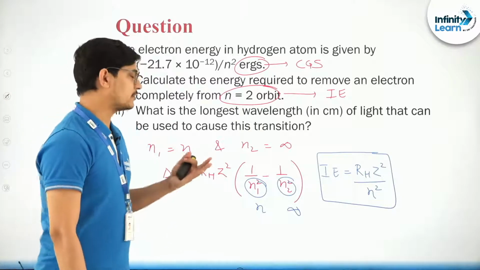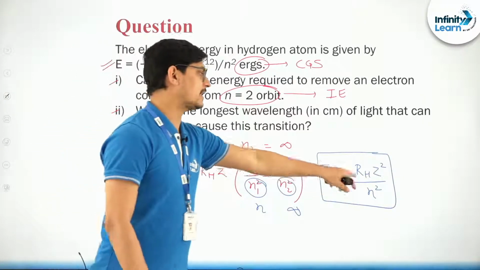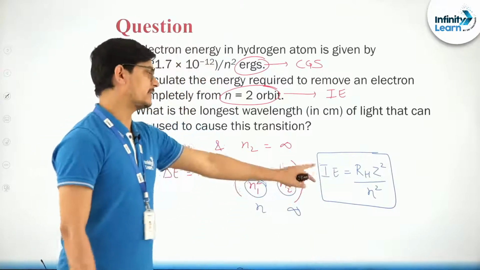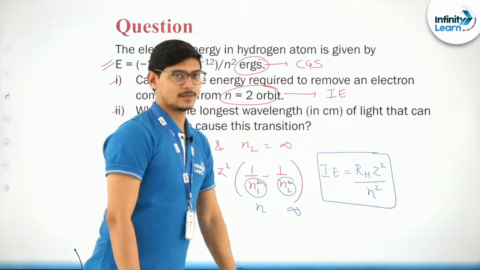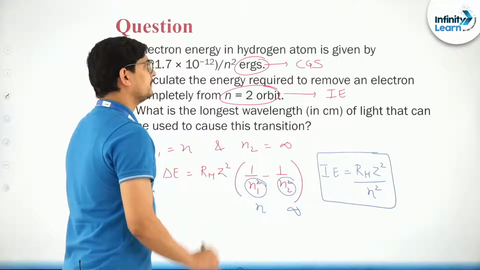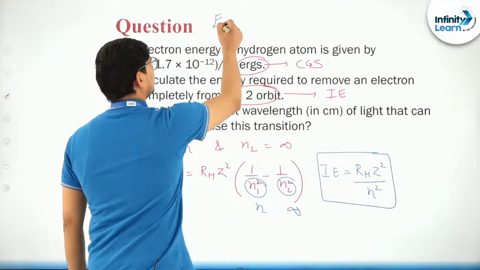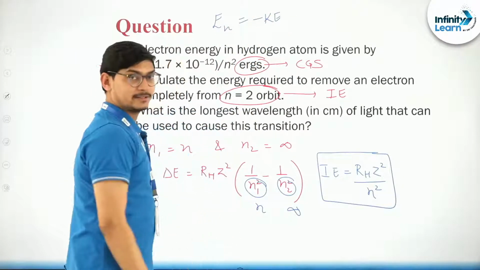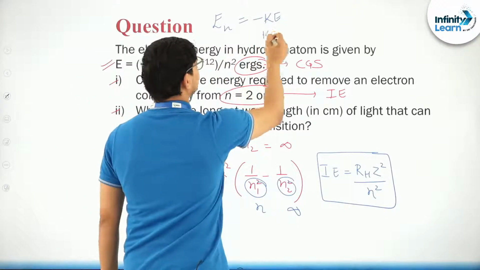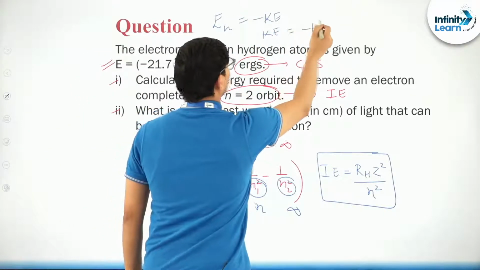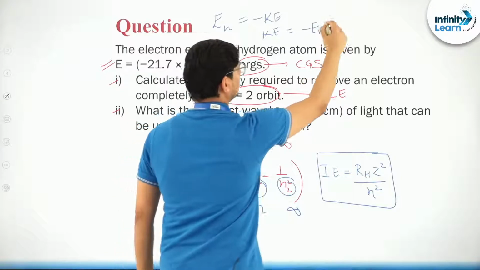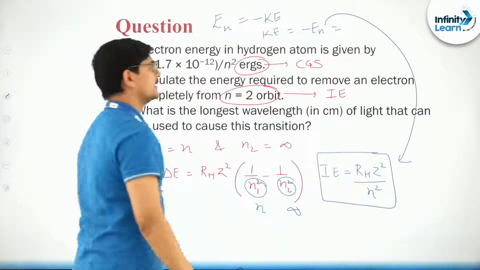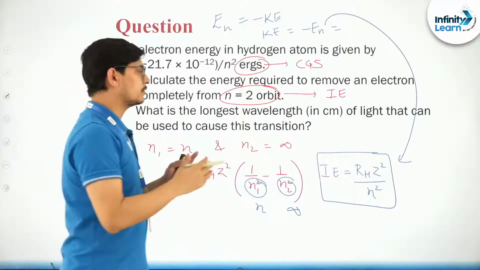The energy of electron in nth orbit is minus RH Z square by N square and this value is just the negative of that. Is that clear? And we also remember that the electron energy is just the negative of kinetic energy, right? So kinetic energy will be negative of electronic energy, which is basically this expression, okay? So these are just some relations which you should notice.